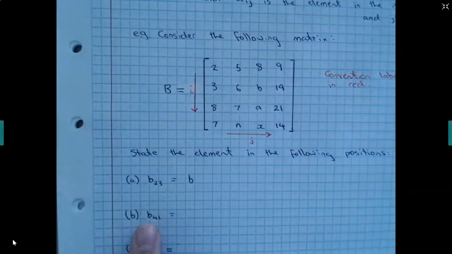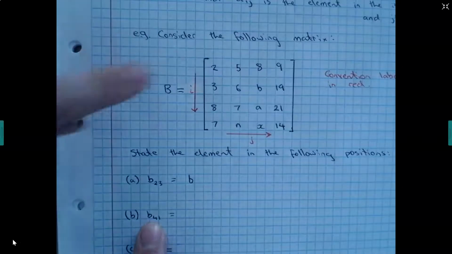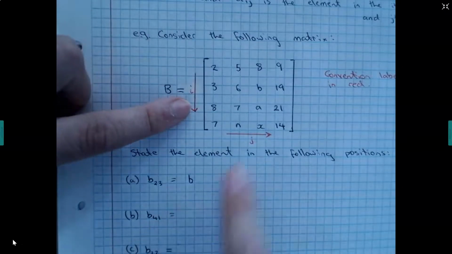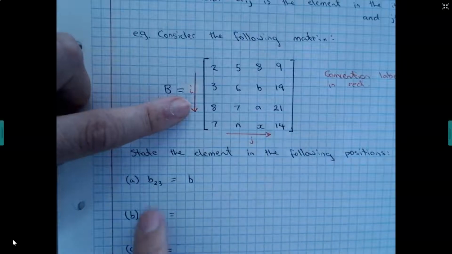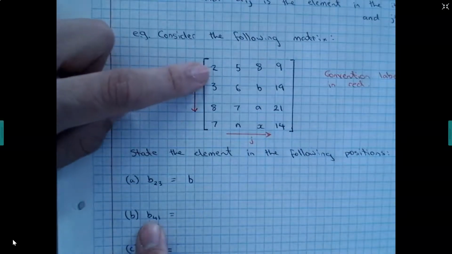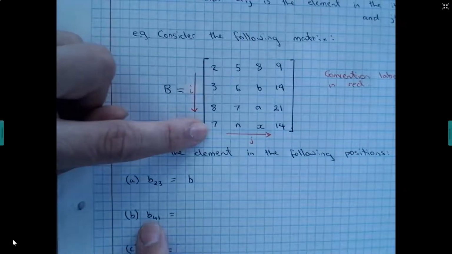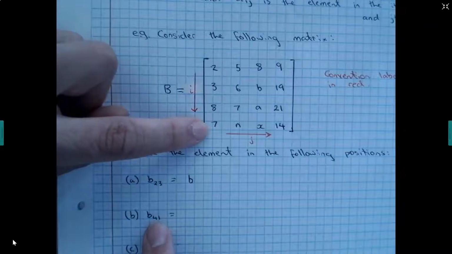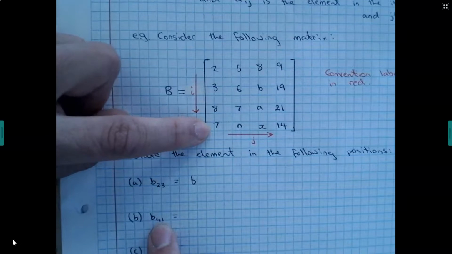Alright, the next one, if I have B41, so again, the 4 is going to represent how many I come down, and the 1 is going to represent how many I come across. So if I come 4 down, 1, 2, 3, 4, and then it's in the first column, therefore B41 would be 7.